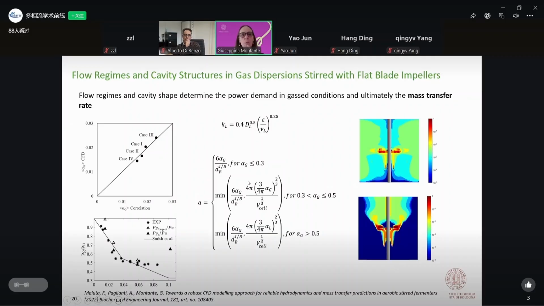This is a way that we propose to adopt in a simplified and fast way without moving to population balance modeling. This is summarized in this paper that I reported on the bottom of the slide. So if you are curious, you can have a look at the paper.